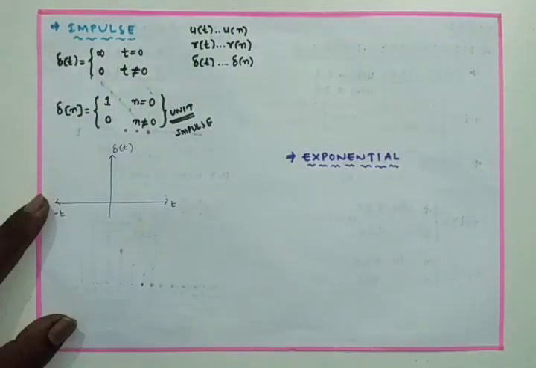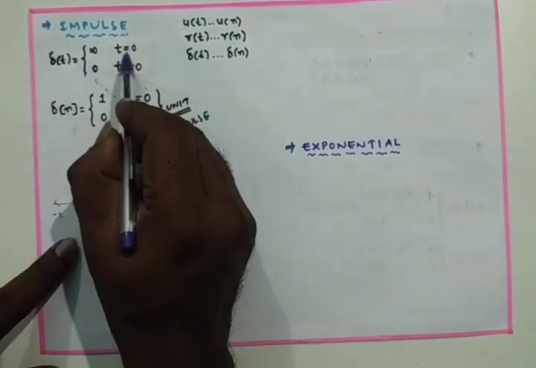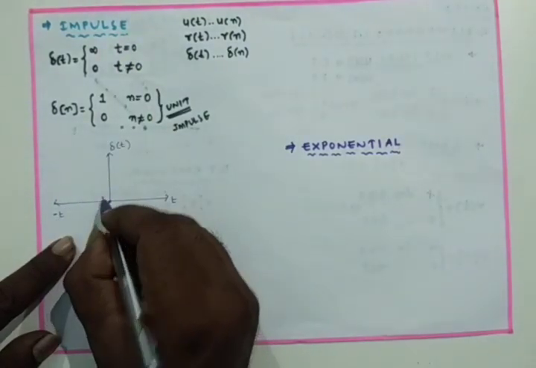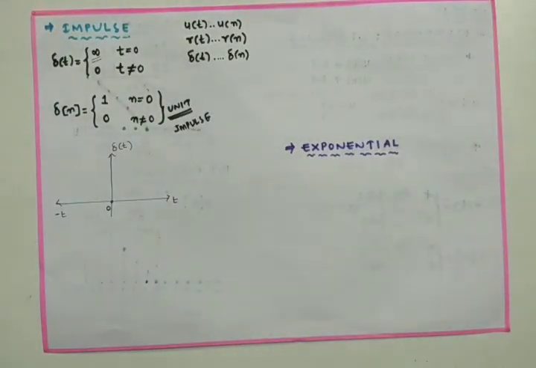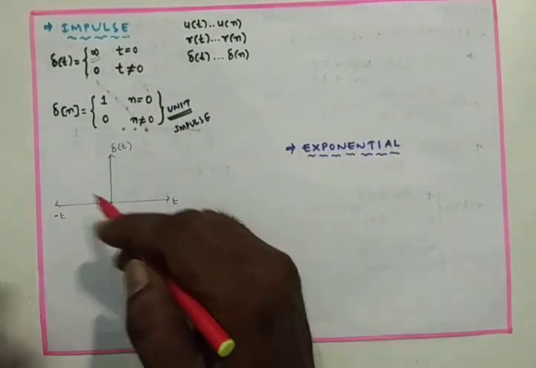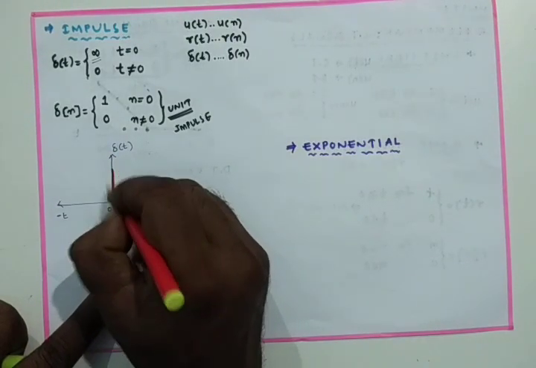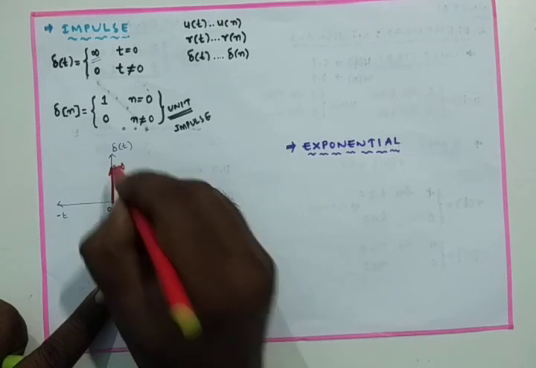From the definition it is clear that at t equal to 0 only the signal amplitude is infinite, so we can represent that signal amplitude infinity like this, so that there is no limit for this amplitude.